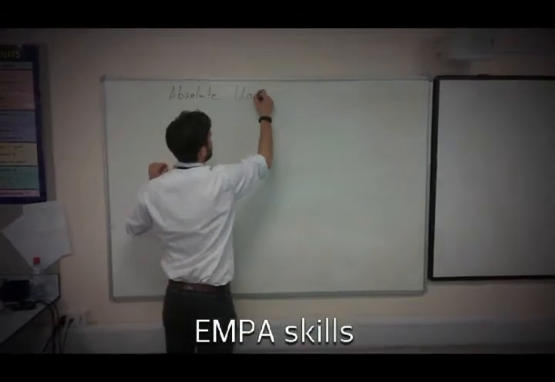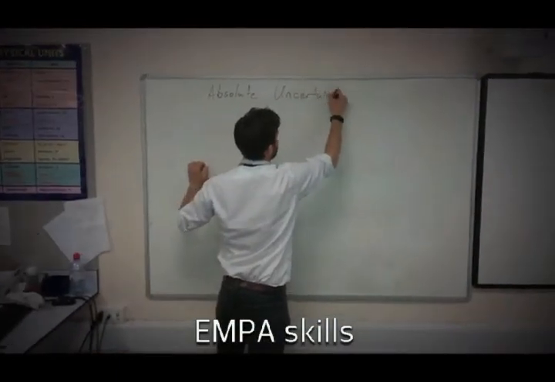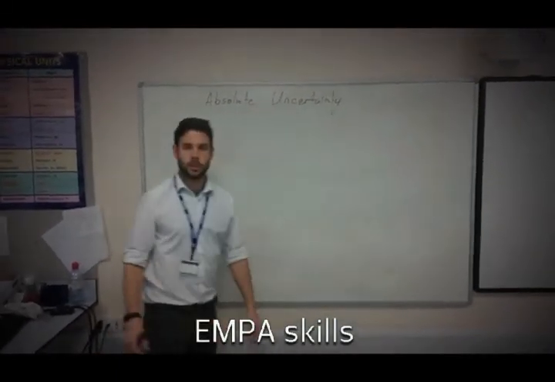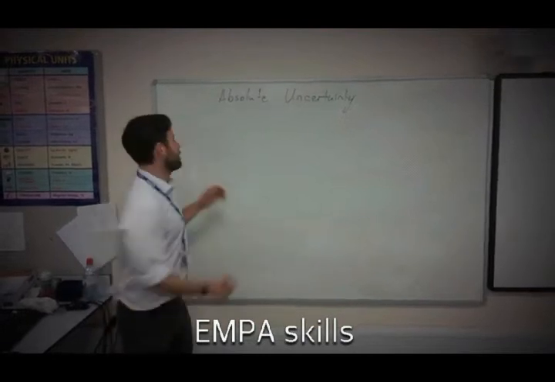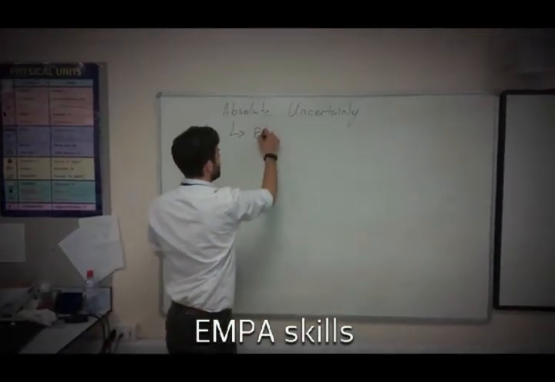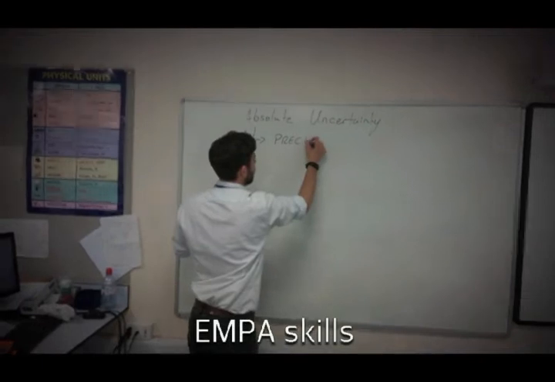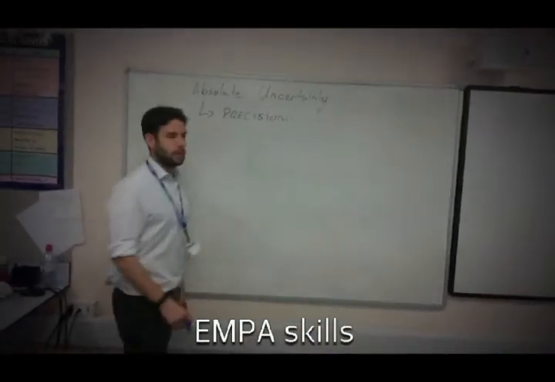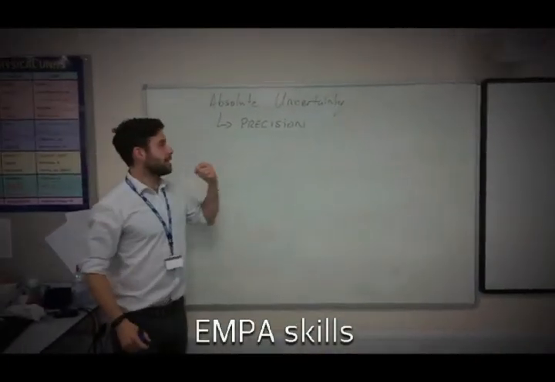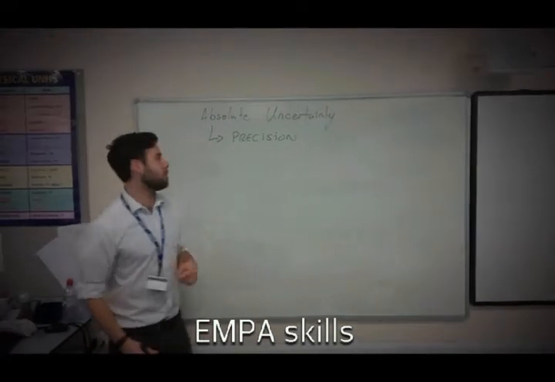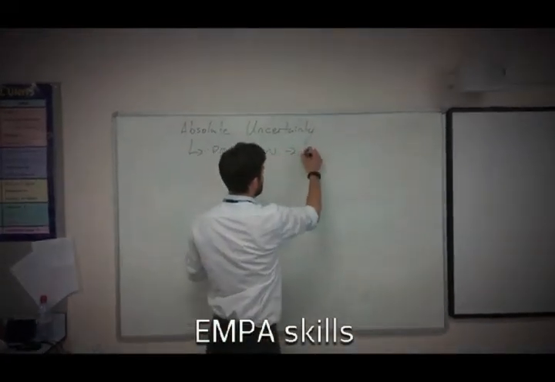We're going to deal first with absolute uncertainty. Now, the first bit of absolute uncertainty is precision. Precision is how many significant figures you can measure to.